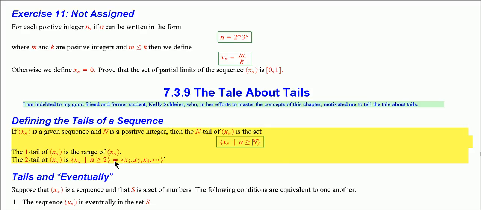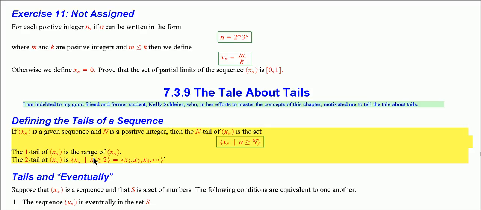So you've got the set of all the xn values for n greater than or equal to 2. That means you would have x sub 2 here, and x sub 3, and x sub 4, and x sub 5, and x sub 6. You sure you still want to say false? Maybe you should stick to your guns. Maybe not.